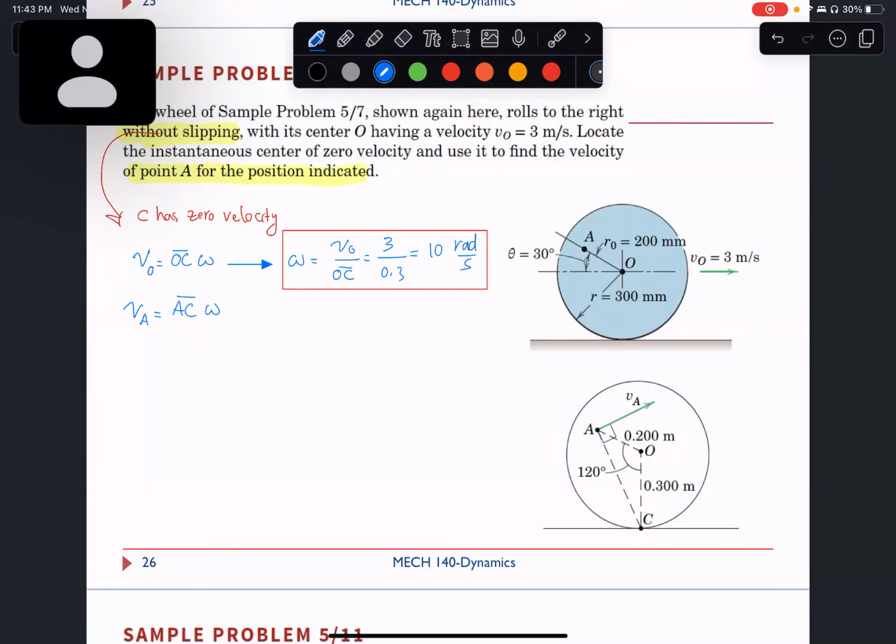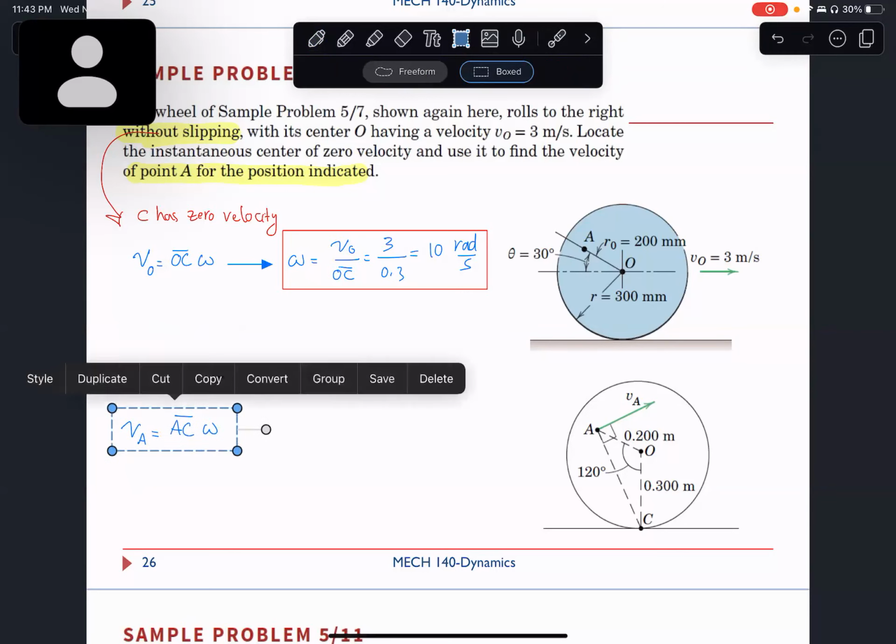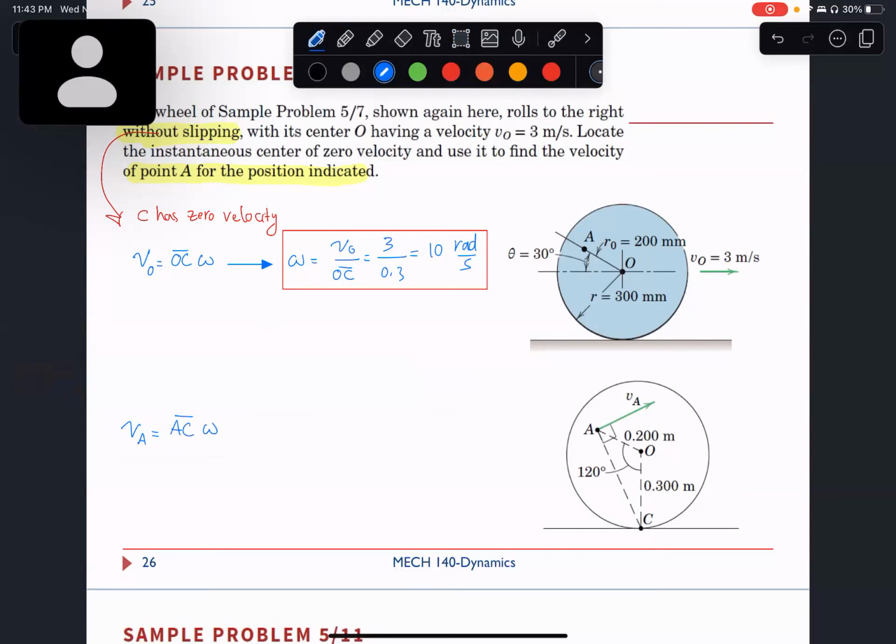So all you need to do is find the length AC. Here it doesn't really give you this length directly. You know this OC length, you know OA, and you know the angle between them, so you can use law of cosines again. Please remind me if I don't remember to go over this in class because it's important.